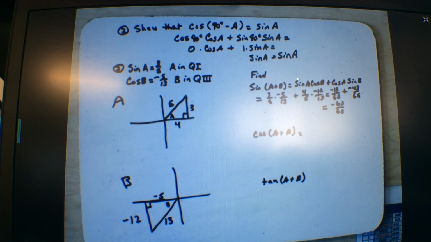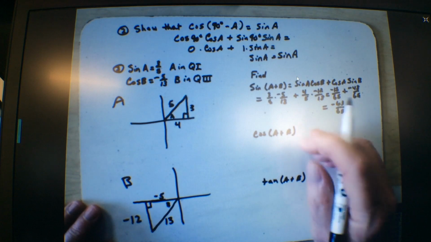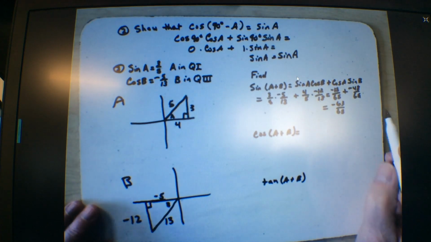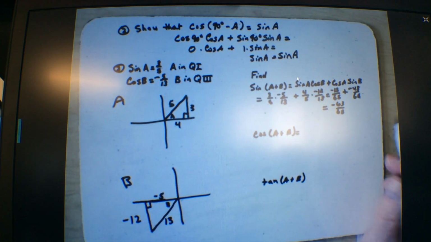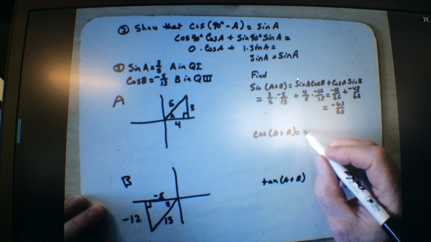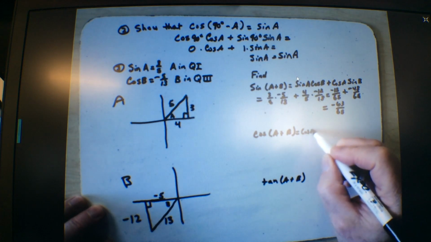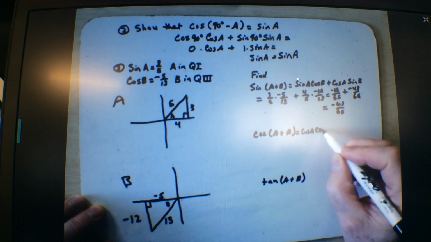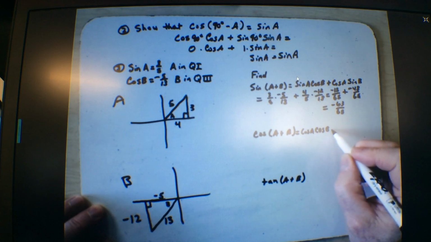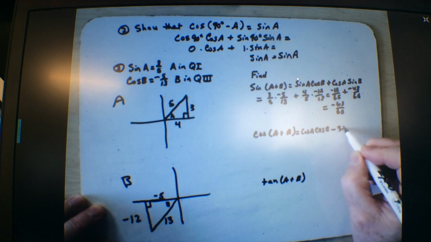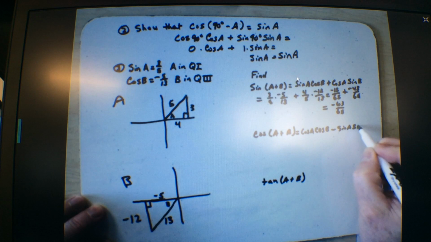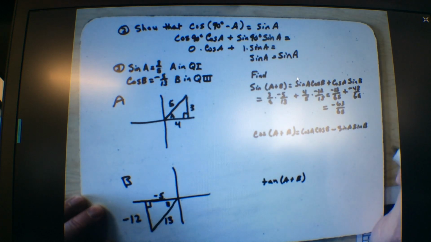Okay, let's do cosine of A plus B. We're going to use the first formula I gave you, which is cosine A, cosine B, minus sine A, sine B. You can go ahead and plug in. I'm going to write it for Maggie's sake.